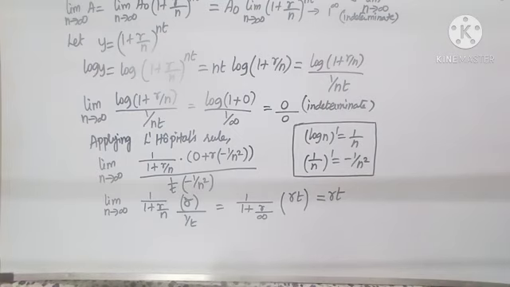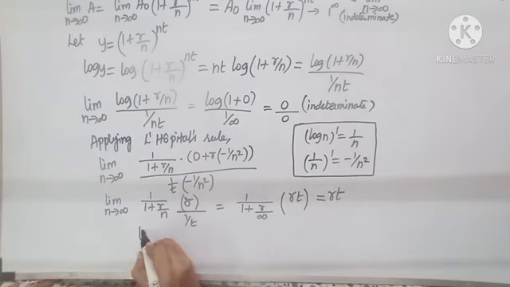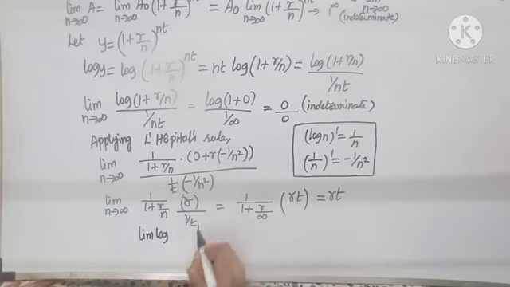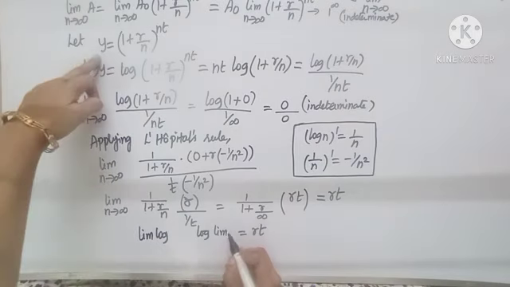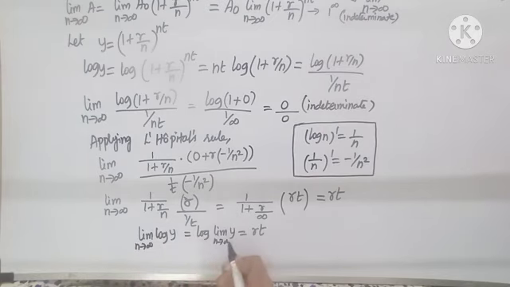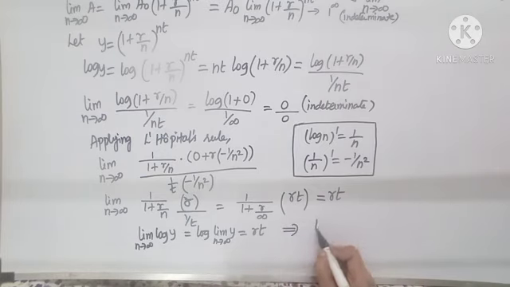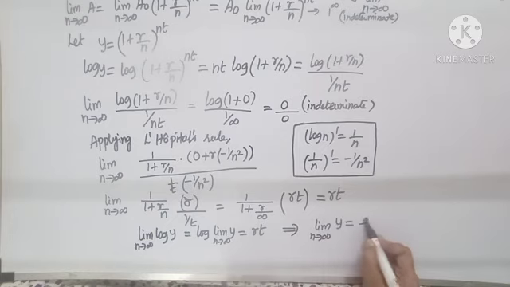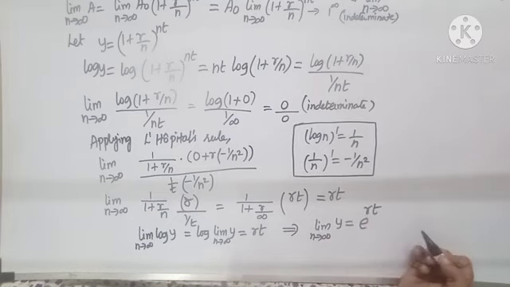Let us remember the formula: limit of log or log of limit, my answer is RT. Here we have taken y. So log of limit y or limit of log y, where limit n tends to infinity, my answer is RT. That implies limit n tends to infinity y equals e power RT.